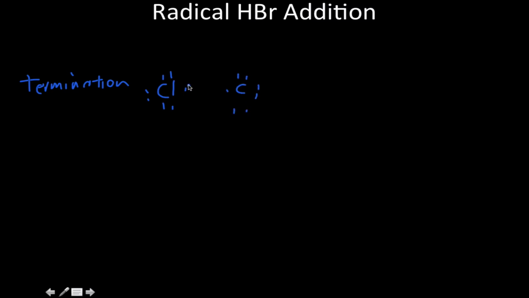I'm not going to talk about termination reactions just because that's pretty self-explanatory, or maybe I'll just write it down here that termination is where you have one of your radicals that you formed in your chain reacting with something else that is a radical, and they come together and form a stable product. And that can be anything. They don't really care. But I'm going to branch this off into three sections.